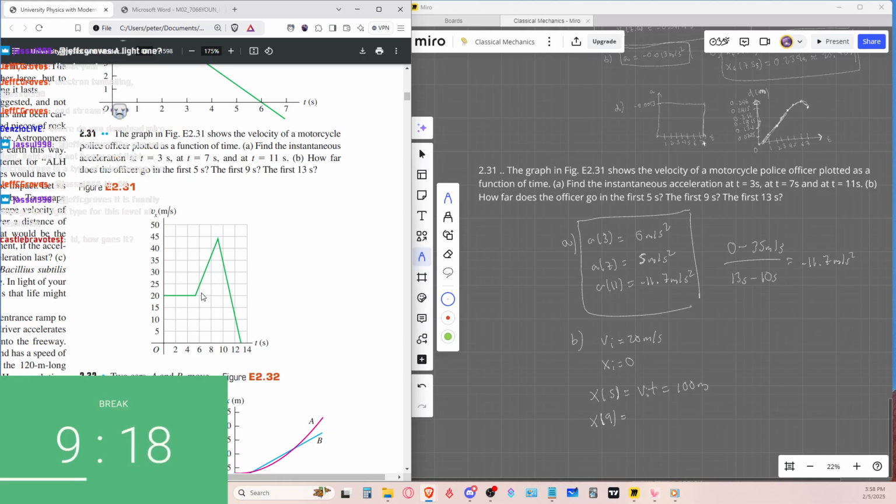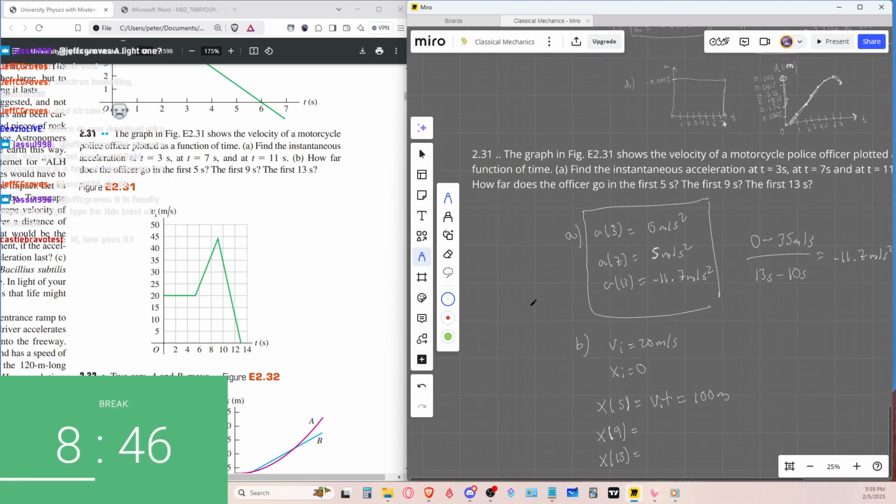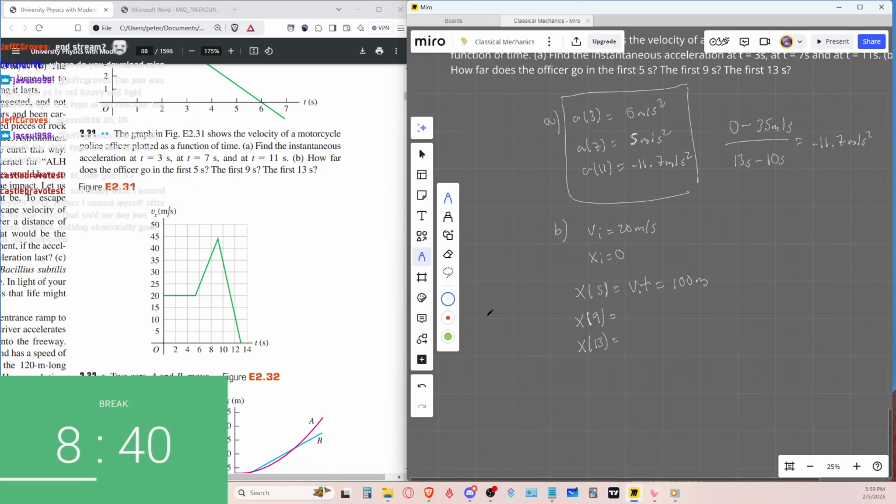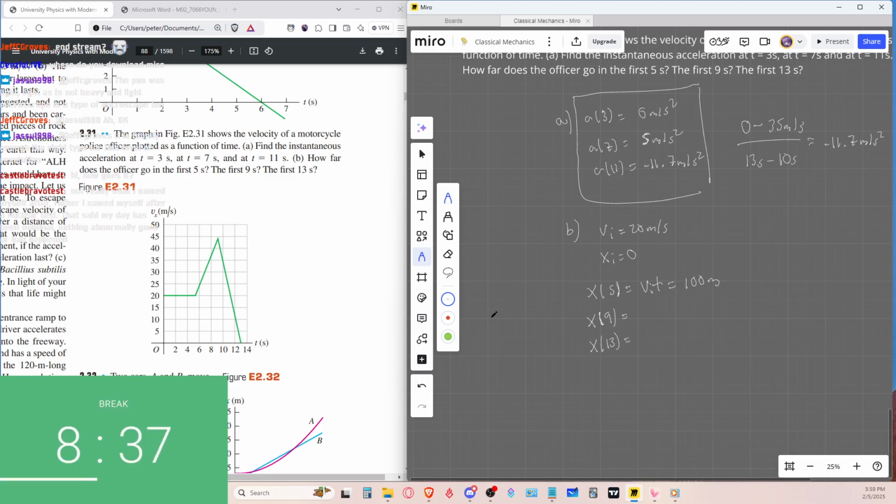Okay, so for 9 seconds. Now I see why this problem is a little bit tricky, because now you have to think about the changes that are taking place. Let's see.